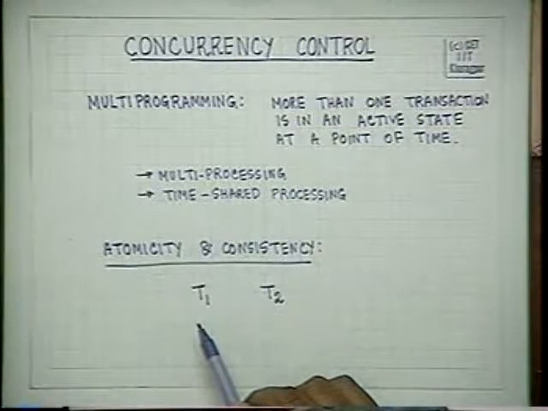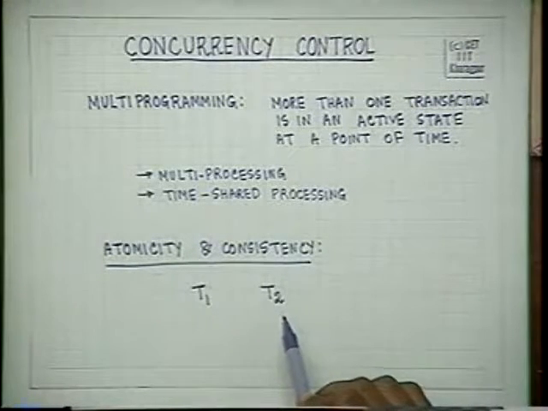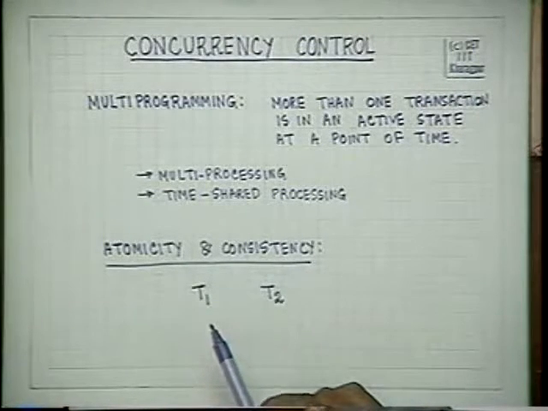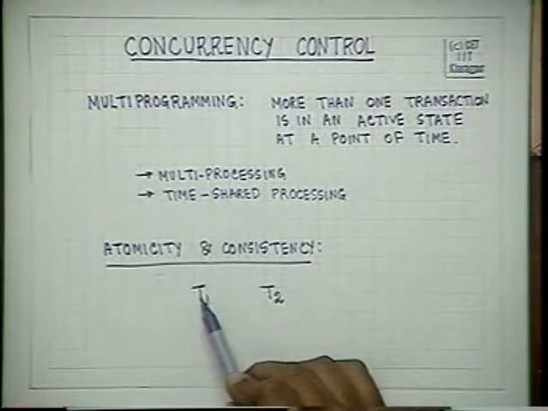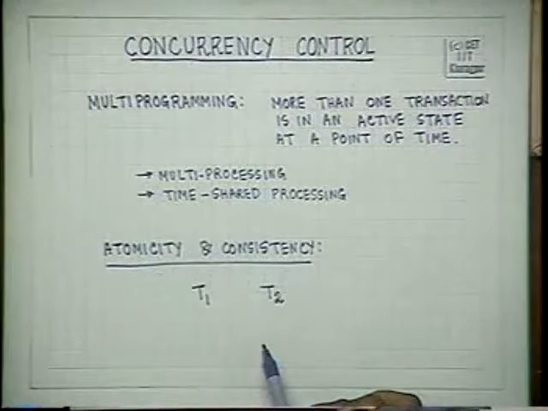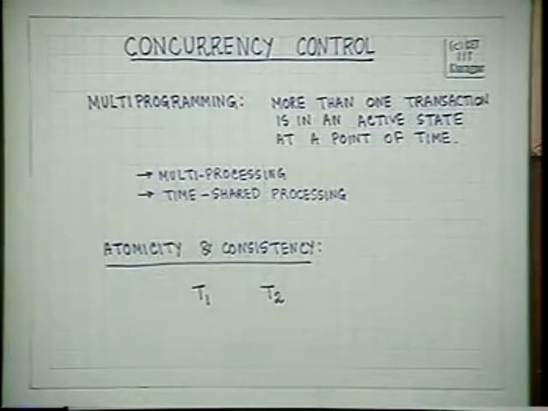It does not matter which one goes before which one goes after. It does not even matter if they are interleaved, that is, half of T1 is executed, then T2 starts, 1/4 of T2 is executed, then the rest of T1 is executed, and then the rest of T2 is executed. If T1 and T2 do not share any piece of information or data, then there is no difficulty at all.